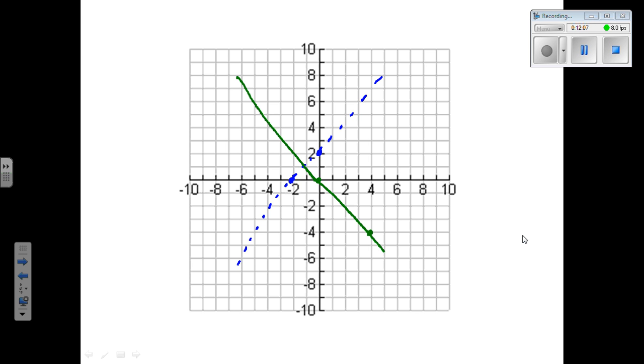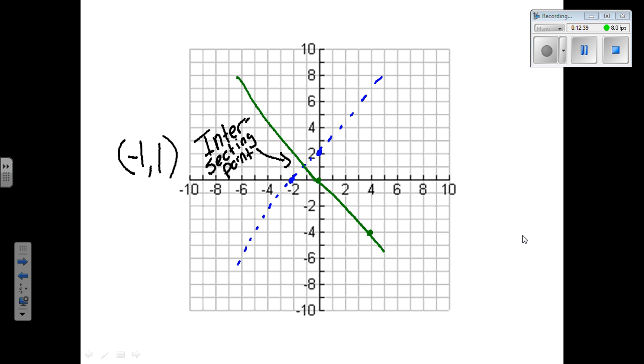As we can see by the graph, I have an intersecting point at the point negative 1 and 1.